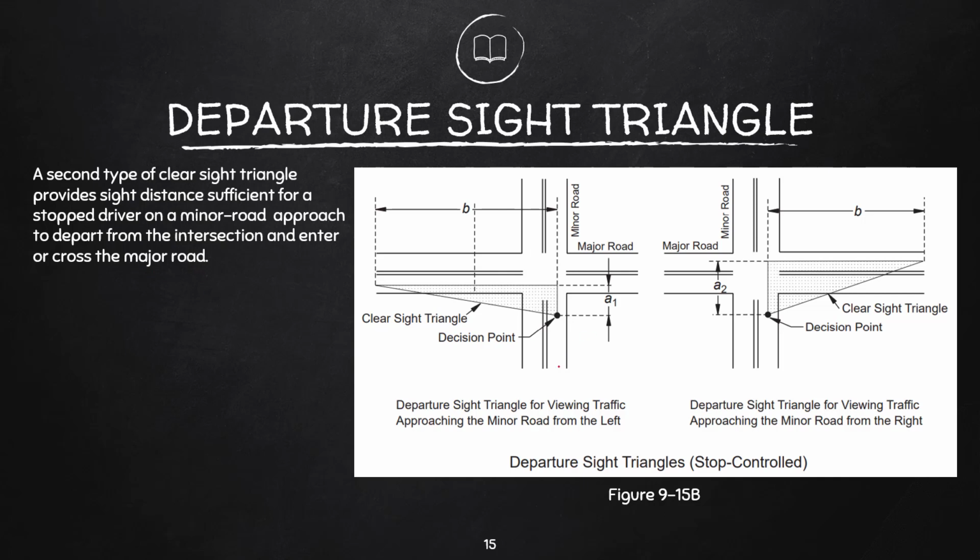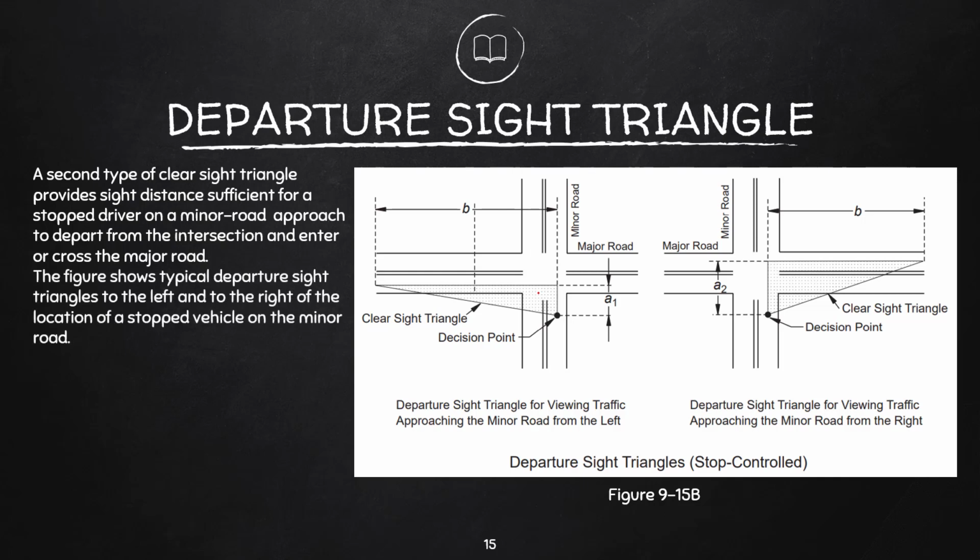So this departure sight triangle is provided when the driver is stopped on this portion and he is observing the other portions of the road if he will continue or postpone his maneuver. The figure shows typical departure sight triangles to the left and to the right of the location of a stopped vehicle on the minor road.